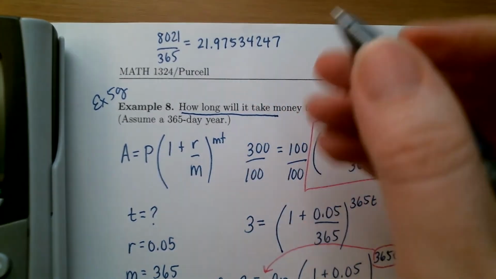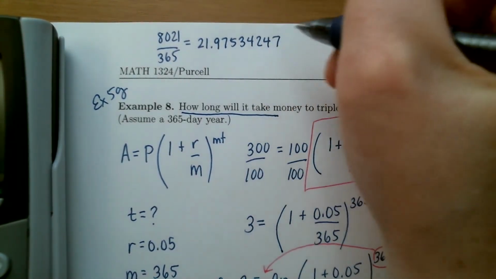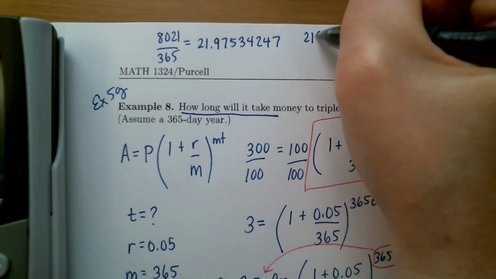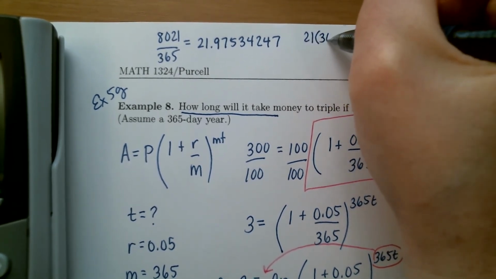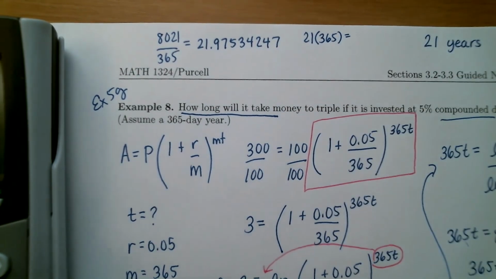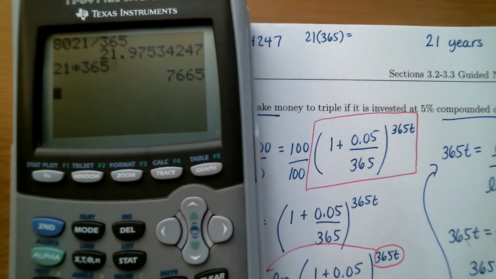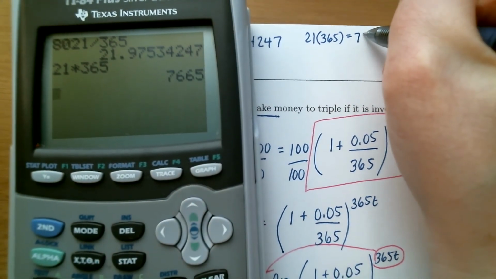Since we know that we've got 21 whole years, we're going to calculate the number of days in 21 years. So we're going to take 21 and multiply by 365.